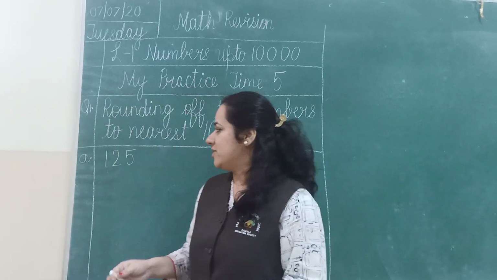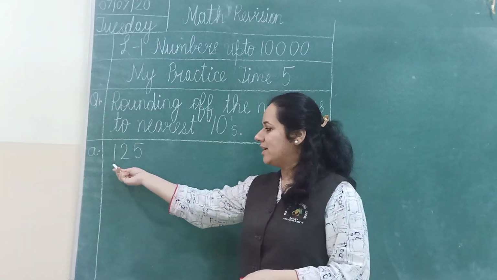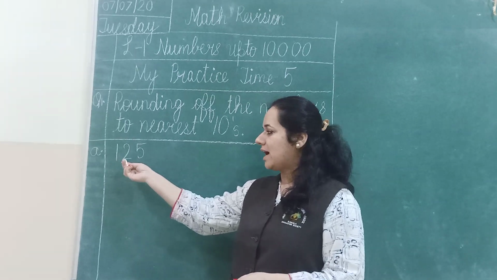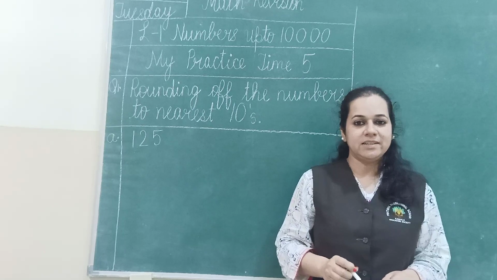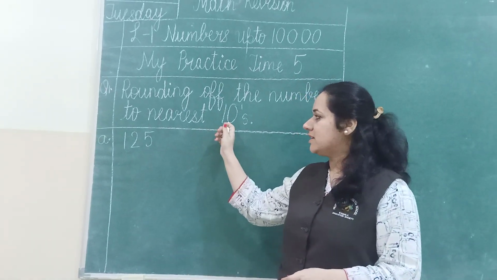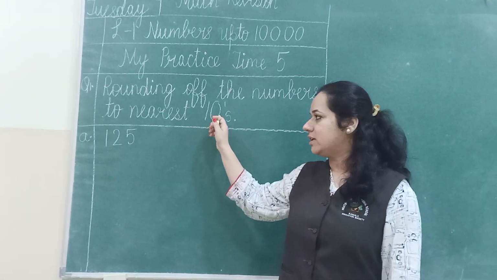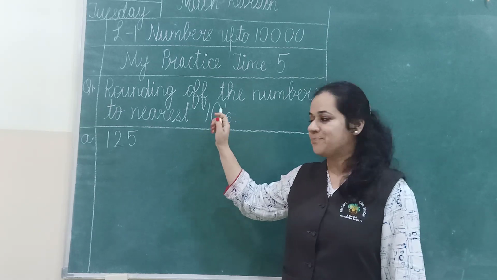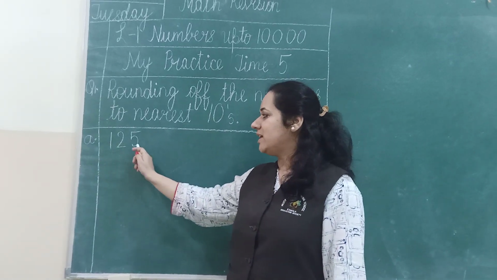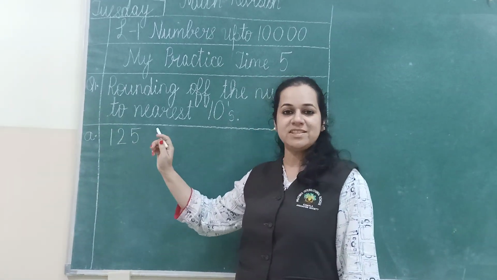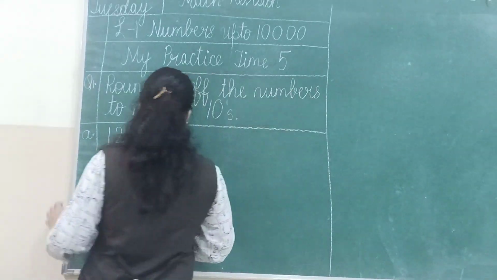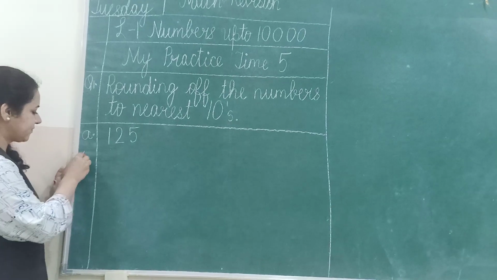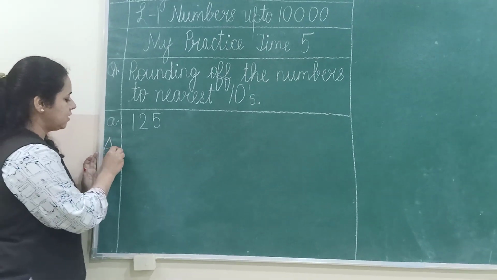Students, first we will take the example of the number 125. First we have rounding of the number to the nearest tens. What steps will we follow?